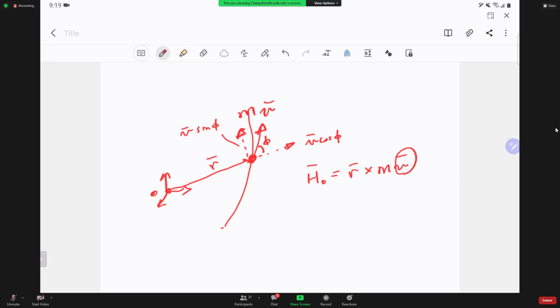Now this will be broken into components: v cosine of phi in the r direction plus v sine of phi in the transverse direction.